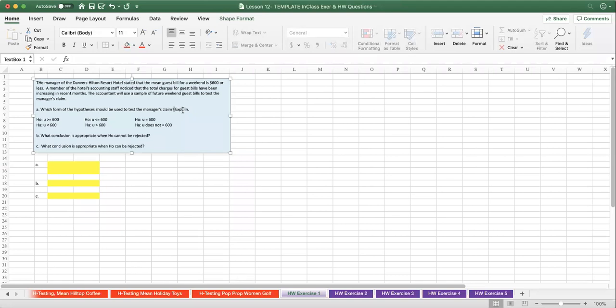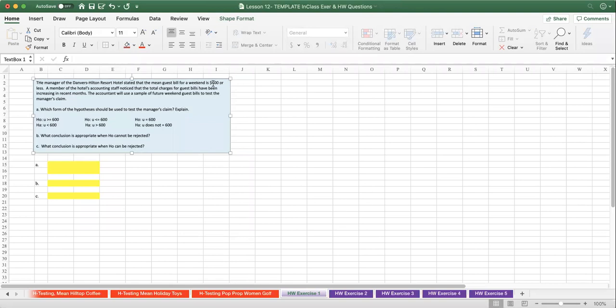All right, so if we look at these, we have H0 for the null hypothesis and HA for the alternative hypothesis. So this one here, the null hypothesis would be that the mean is greater than or equal to 600, which doesn't necessarily reflect the claim that the manager is making.